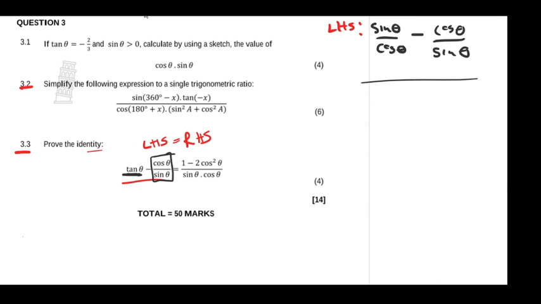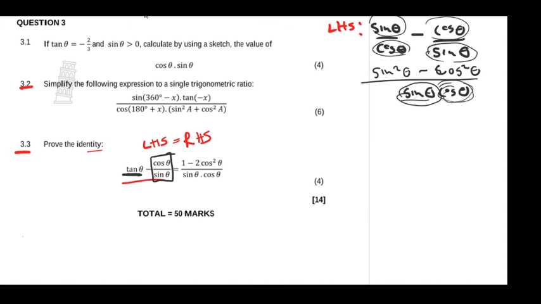Find the common denominator, which is sine theta cos theta, and then this cos will cancel out with this cos, we remain with sine. Sine will multiply this sine at the top, so it's going to be sine squared theta, and then this sine will cancel out with this sine and remain with this cos, which will multiply with this cos, so it's going to be minus cos squared theta.